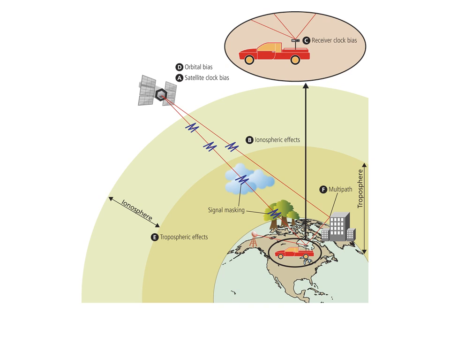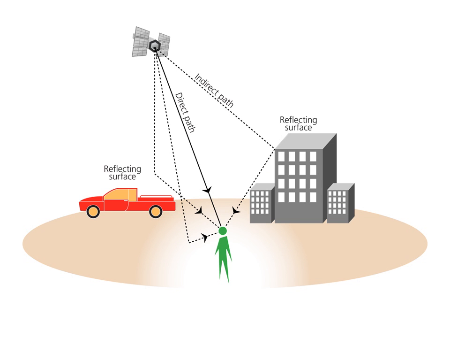For example, you can see orbital bias, satellite clock bias, receiver clock bias, ionospheric effects, and lower atmospheric effects as well. Multipath errors such as buildings, trees, and other features become an issue. All of these things affect the way that the signal may reach the user.